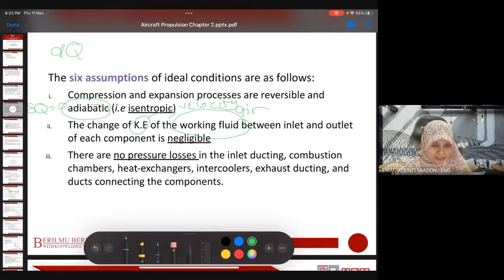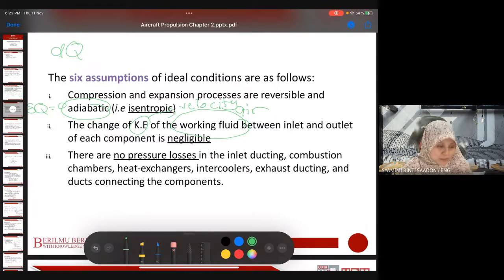This is what the second assumption means: it is negligible. So we neglect the kinetic energy within the compressor, the combustion chamber, and the turbine, due to the small change of velocity of the air, the working fluid, between outlet and inlet of each of these components.